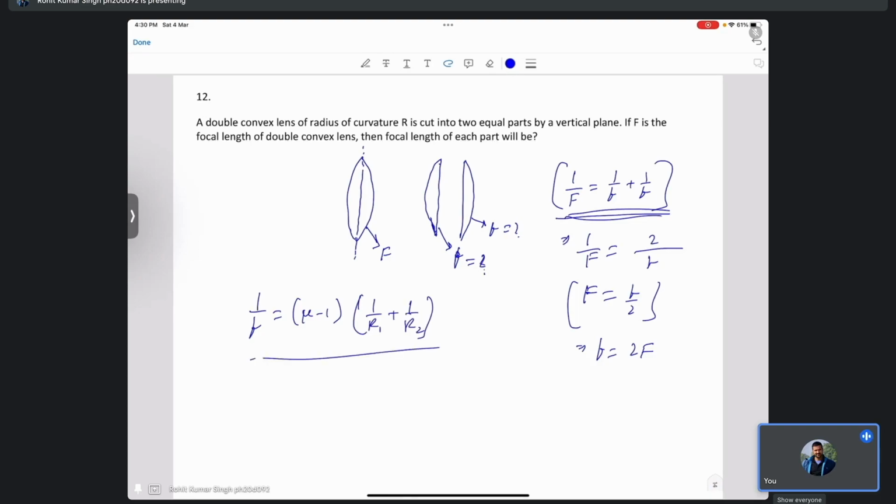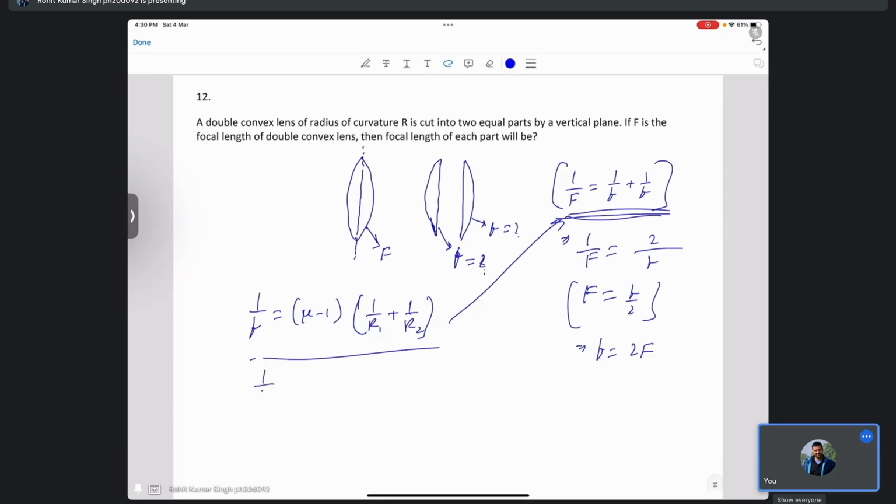If you want to solve this using the lens maker formula, you can, because here r1 and r2 were both equal.